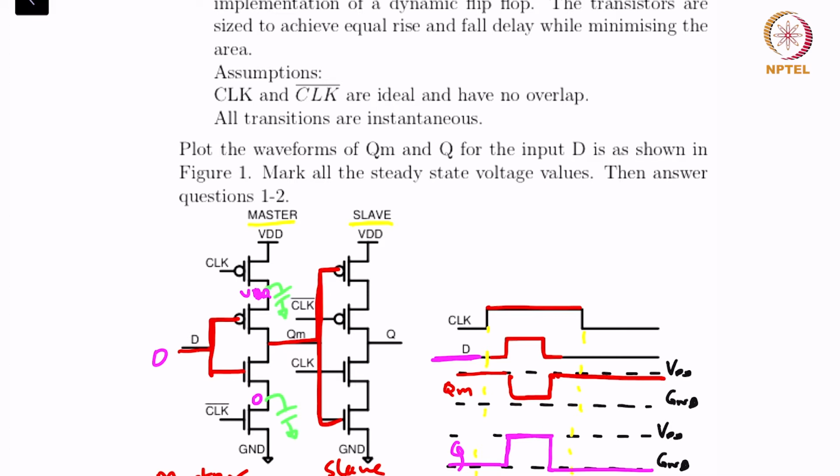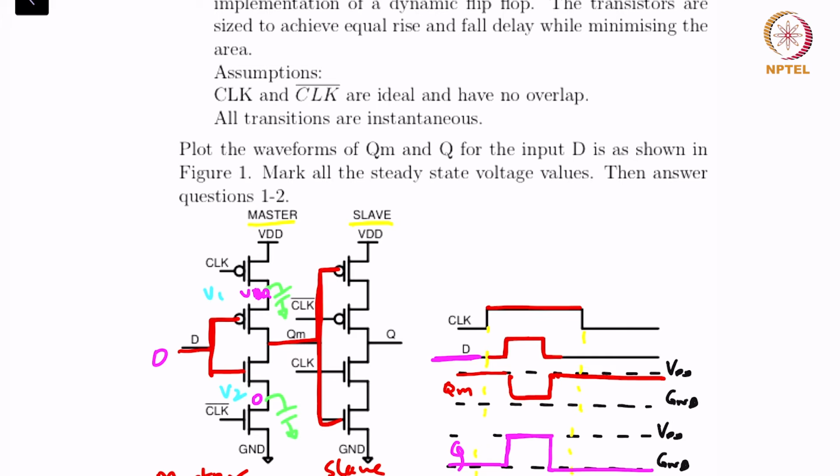Now when clock goes to 1, we expect that the master latch does not respond to any change in the input. However, you can see that when there is a change in D, there is a change in QM, since these intermediate nodes, let's call them V1 and V2, are at VDD and ground.